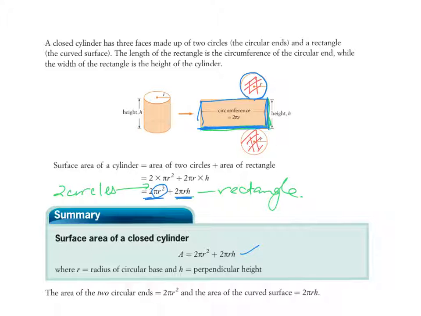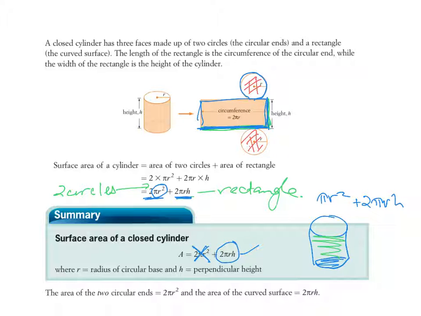that seals it. If you just wanted, say for example, a pipe that had water going through it, then it would just be the 2 pi r h, it would just be the rectangle component. If you had a cylinder that just had a base, like a glass, but had no lid on it, then it would just be one circle, which would be the bottom, plus the 2 pi r h, which would be the cylinder component.